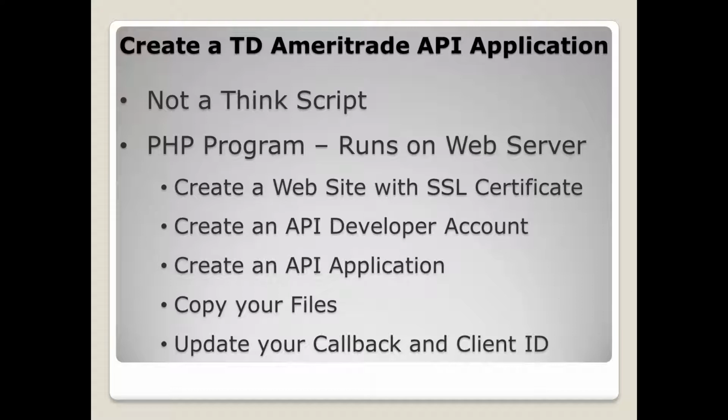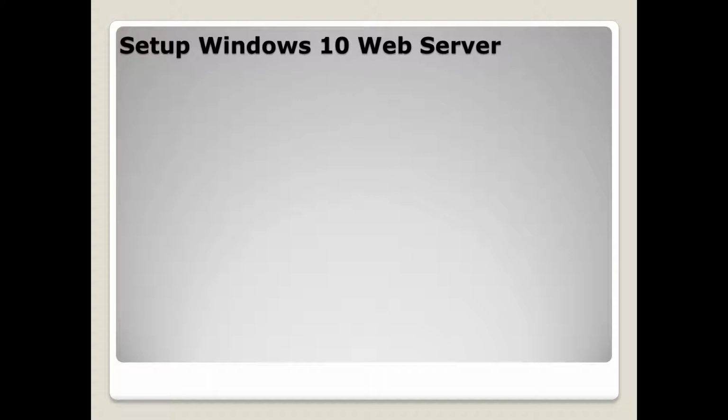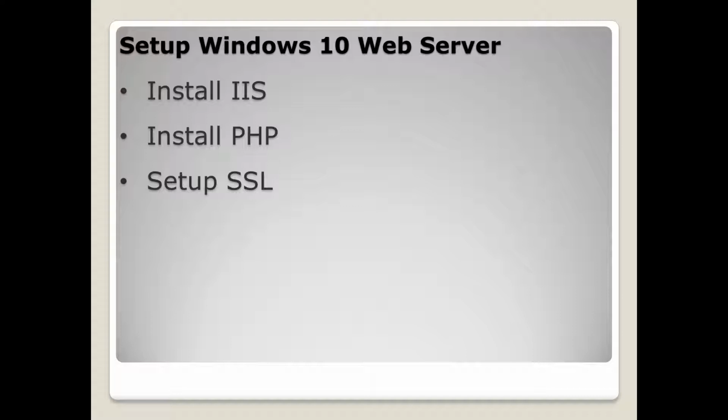But as a first step, what we're going to do is set up your Windows 10 machine as a web server, and that involves installing IIS, installing PHP, installing and setting up your SSL, and copying over the files.